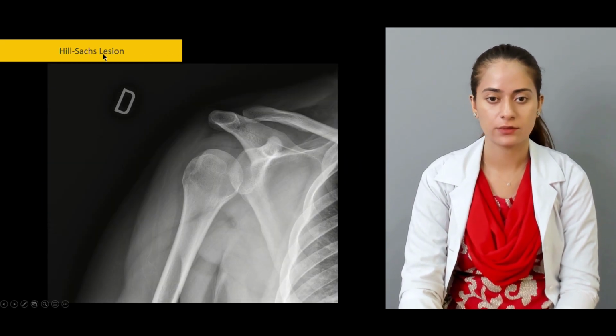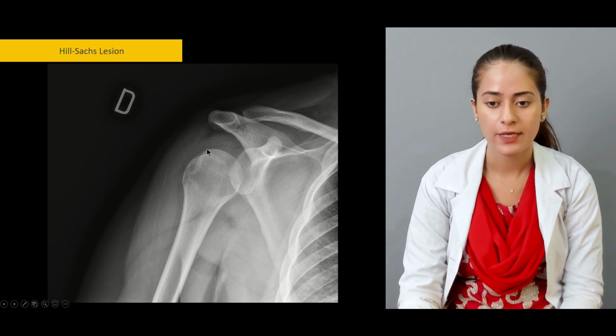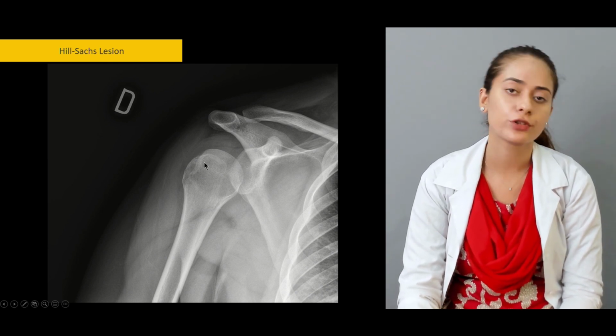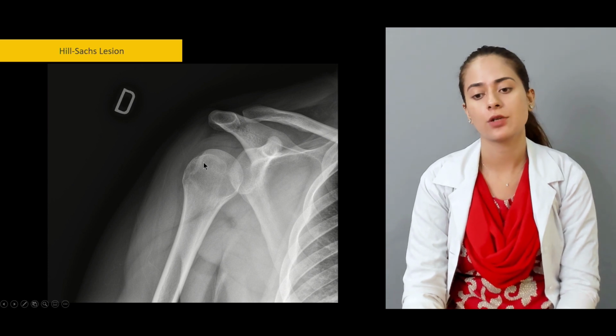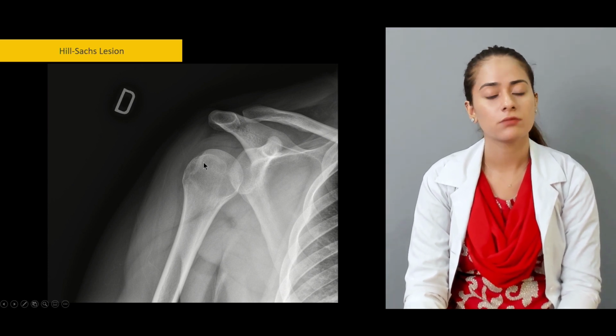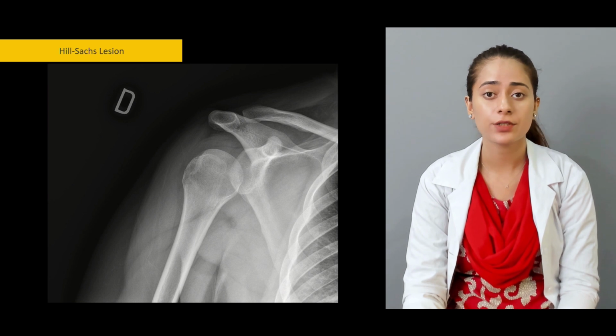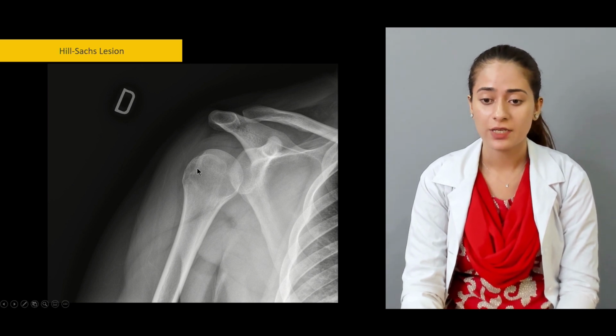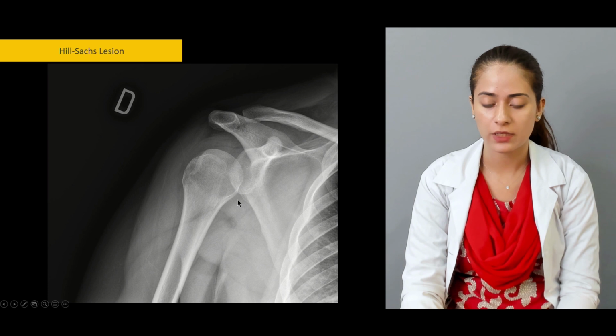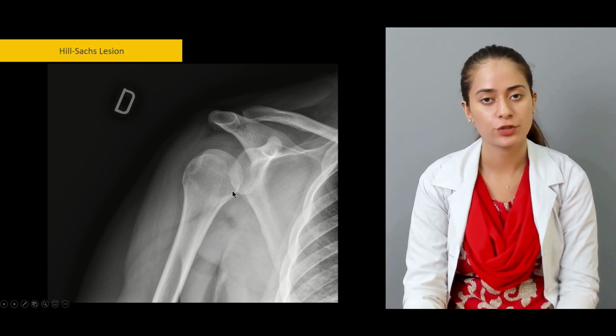So Hill-Sachs lesion. We talked about this. This area is vulnerable to fractures in cases of dislocation, anterior, posterior, anterior-inferior dislocations. This area and this area, the labrum, are always vulnerable to fractures in dislocation.